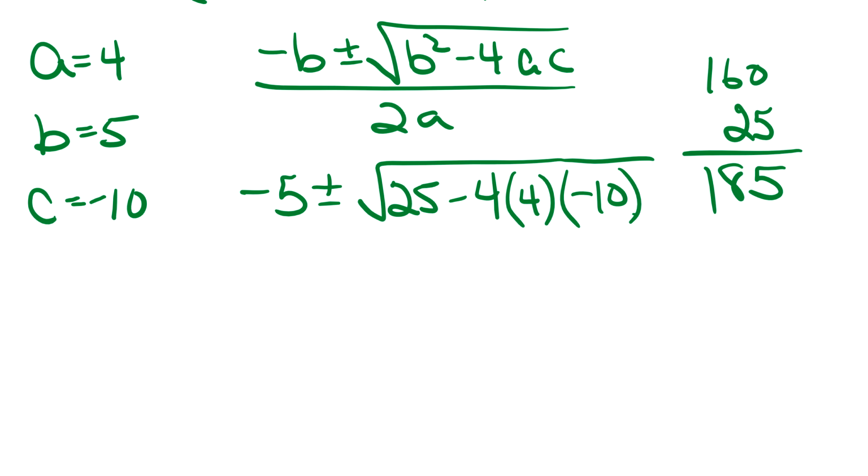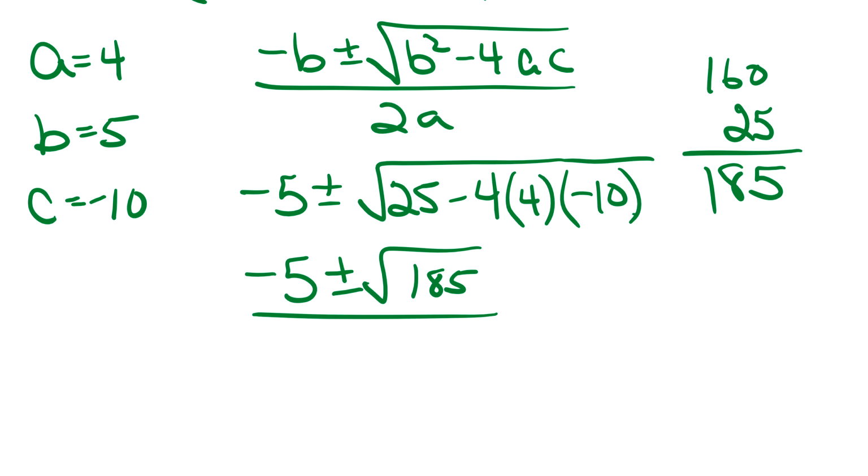So now I've got negative 5 plus or minus the square root of 185 all over 2 times a, which is 8. So far, so good.